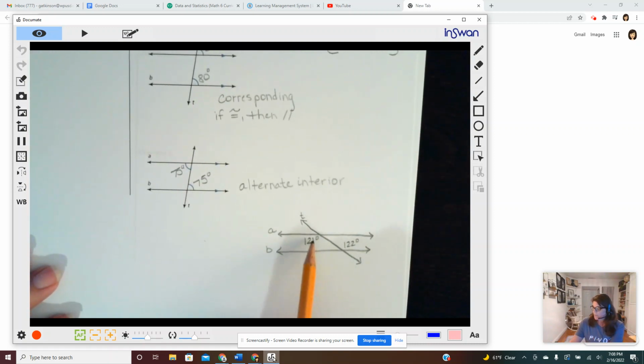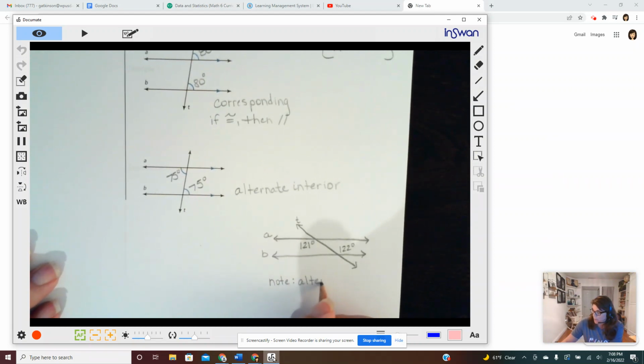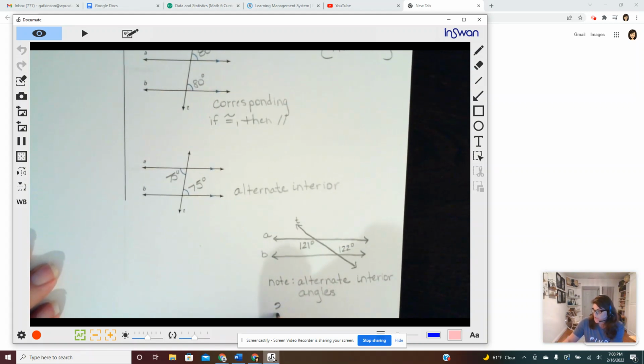But what if I have alternate interior angles here? So in my homework, or if I was providing evidence, I might make a note. Alternate interior angles. And then I might ask the question.